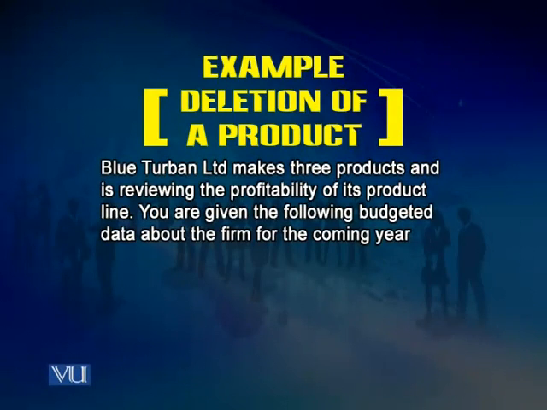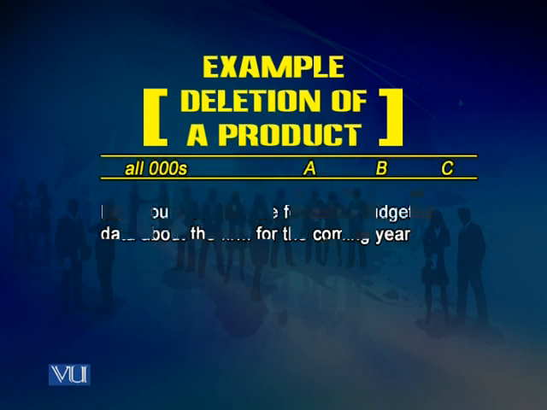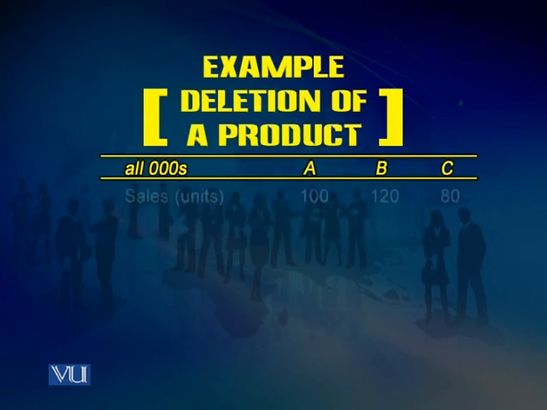Blue Turban Limited makes 3 products and is reviewing the profitability of its product line. You are given the following budgeted data about the firm for the coming year. The products are A, B, and C. The sales in number of units are 100, 120, and 80.